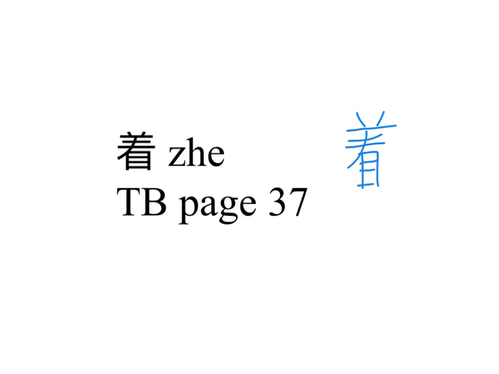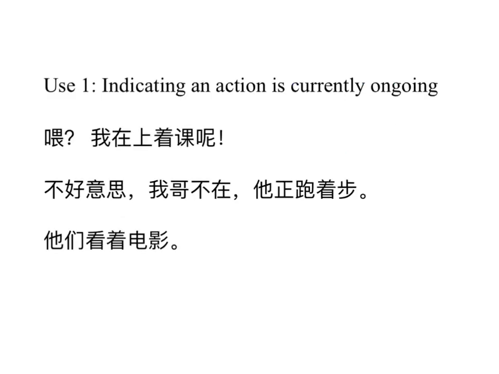怎么用呢？我们一起看。第一个用法 you can use it to indicate that an action is currently ongoing. 比如说，喂，我在上着课呢。Or 不好意思，我哥不在，他正跑着步。Or 他们看着电影。那么这些句子呢，什么意思呢？In all of these cases, we're showing that an action is currently ongoing right now.